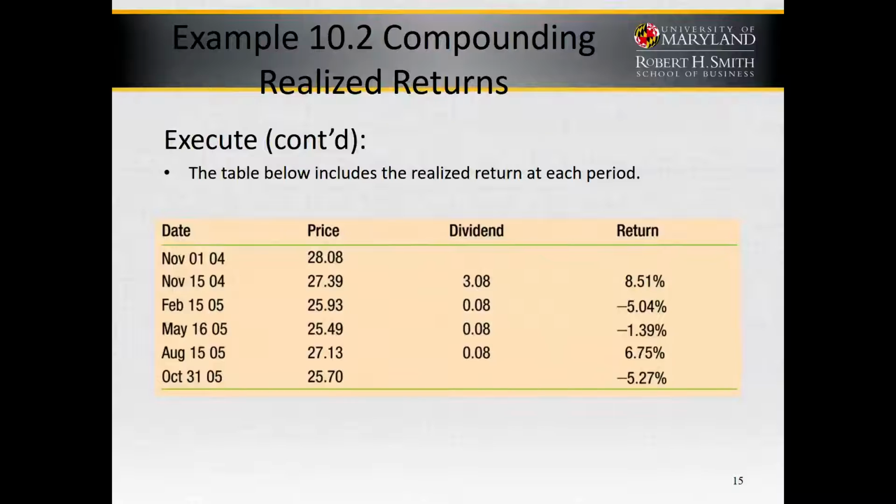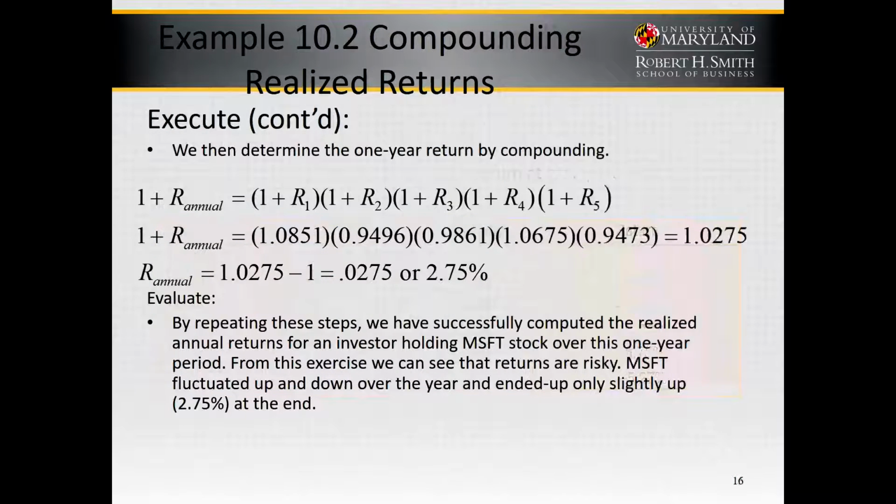We've got each of these periodic returns, and then we'll add 1 to them, and then we'll multiply 1 plus each of these returns. So here we have 1.0851 times 0.9496 times 0.9861 times 1.0675 times 0.9473, multiplied together, it's 1.0275, subtract 1, and we see that our rate is 2.75%.